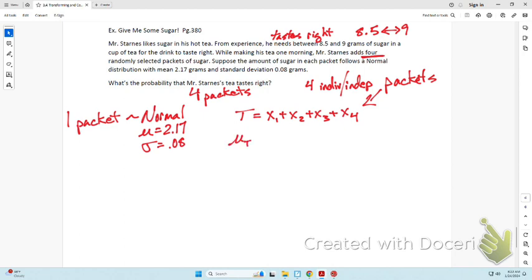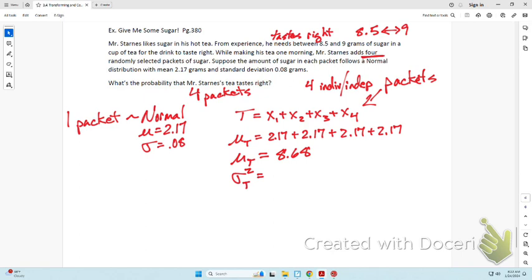So to get the mean of this, we're going to plug in 2.17 and add those up. Obviously, we can get away with just multiplying by 4 for the mean. And we end up getting 8.68. But for the standard deviation, you should give it a try. If you go 4 times x and you plug in the standard deviation, remember you're supposed to square everything since we're talking about individual packets.